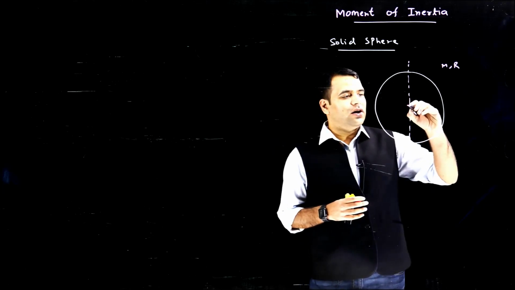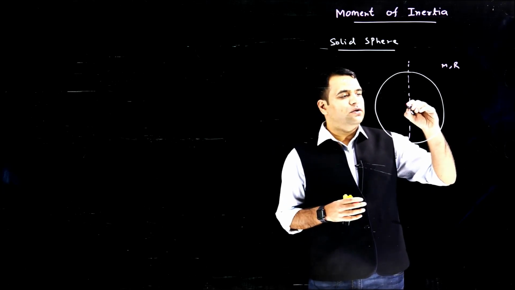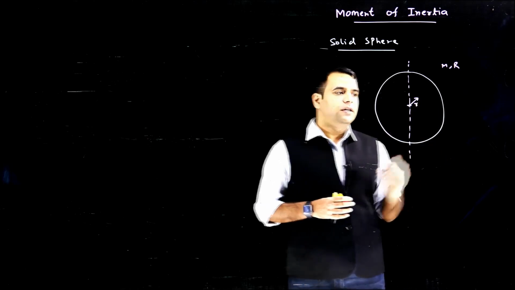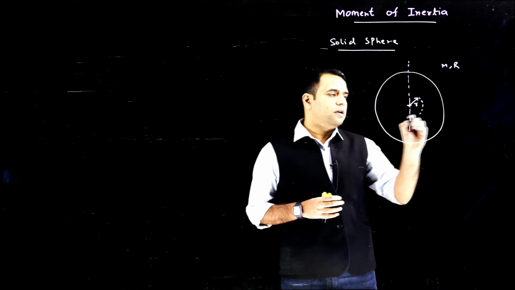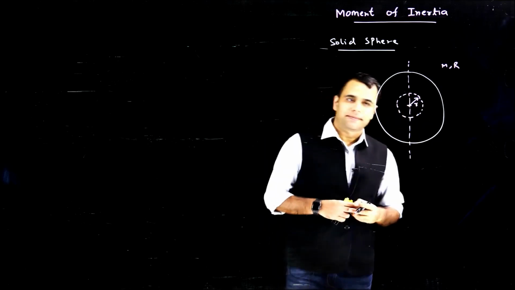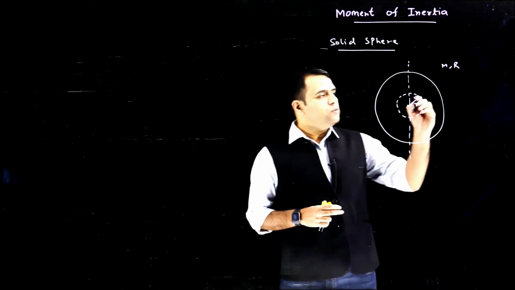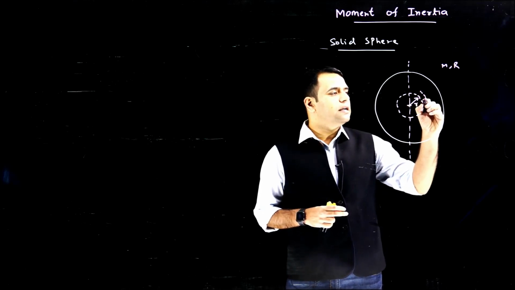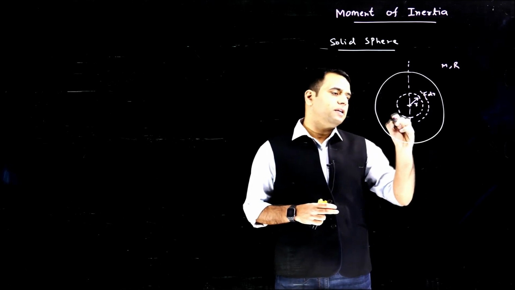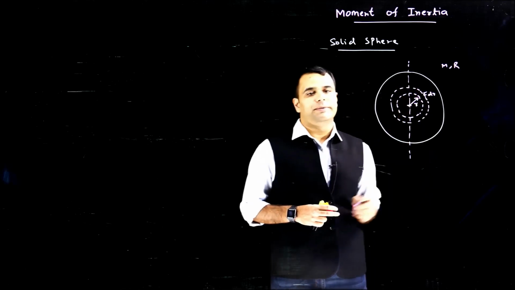So to create a hollow sphere as my element, from the center I will go to a distance small r. After going to a distance small r, I will draw a sphere. Then I will further move by a distance dr, and moving distance dr, I will cut another spherical surface.